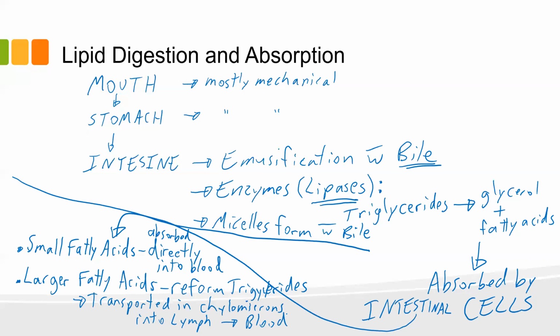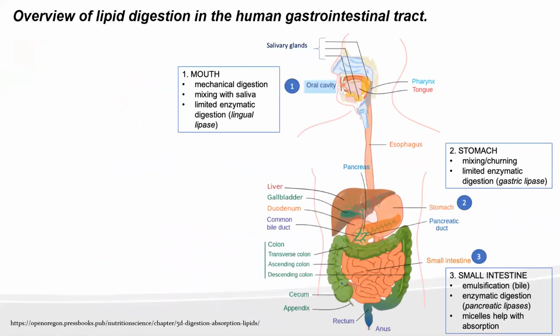So let's show you what the textbook images are showing. This is not from our textbook. I'll show you our textbook image in a minute. I like this one here because I thought it was a little simpler, right? So you can see it's talking about the mouth, mechanical digestion mixing with saliva, the stomach more mixing and churning, and it is mentioning some lipases that are found in the mouth and the stomach, but honestly, in adults, they are in such small quantities that most of the time people are calling them insignificant compared to what goes on in the intestine.